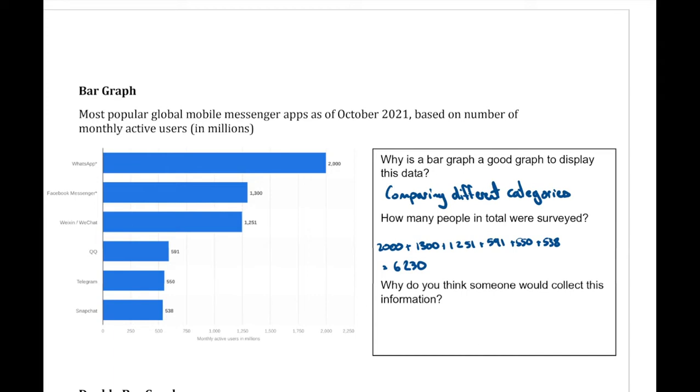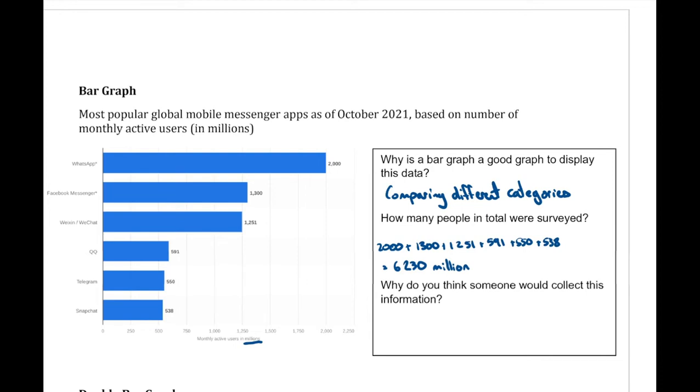However, we have to keep in mind that this is looking at users in millions. So this is actually 6,230 million, because that's what the units are in.